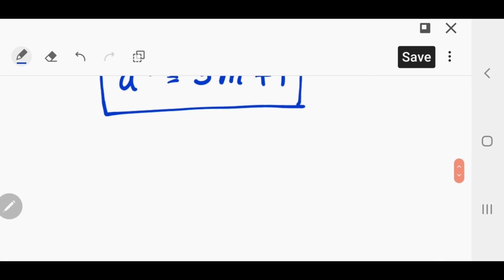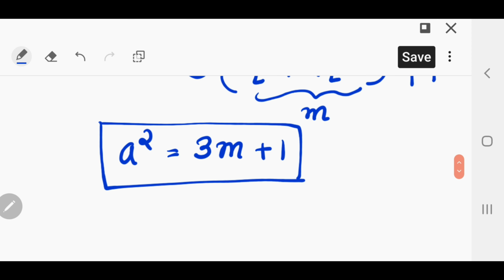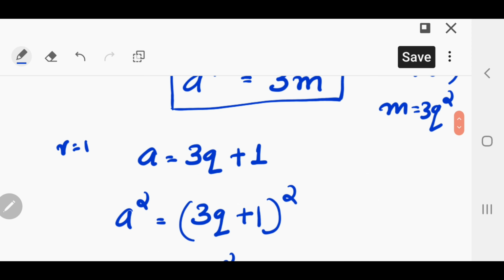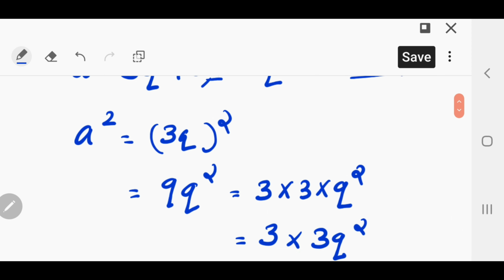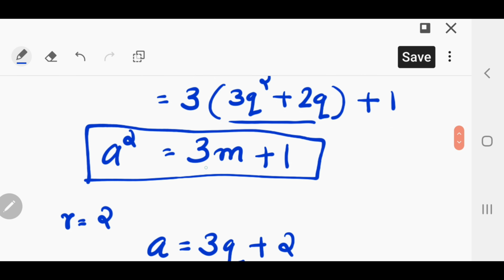So what we can conclude, square of any positive integer can be written as 3 multiply any integer, 3m, or 3 multiply any integer plus 1.